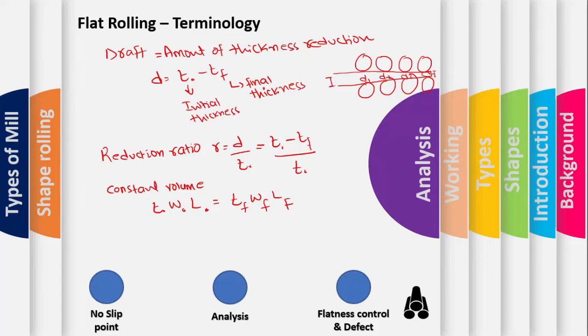So it does occur in the case of rolling, and an empirical observation is that after each roll pass, the strip thickness reduces whereas the width increases. You can say the strip thickness or the slab thickness.